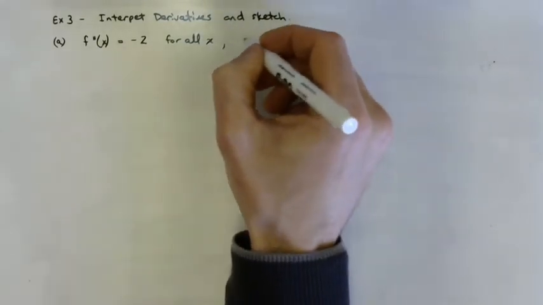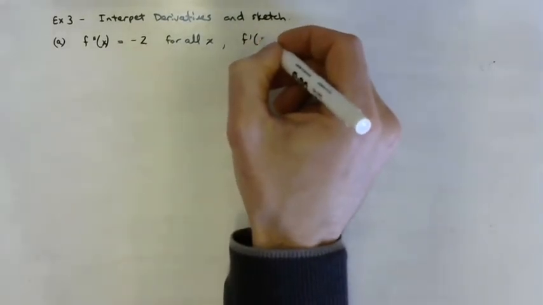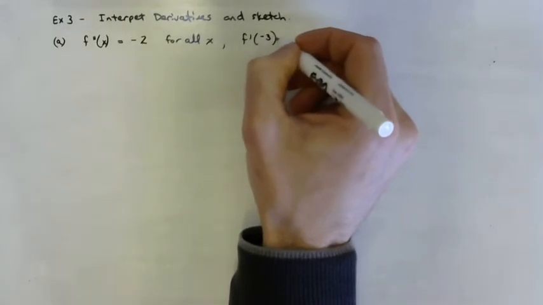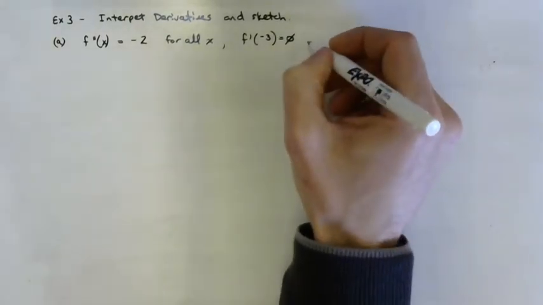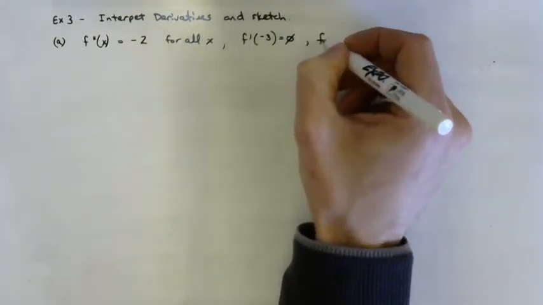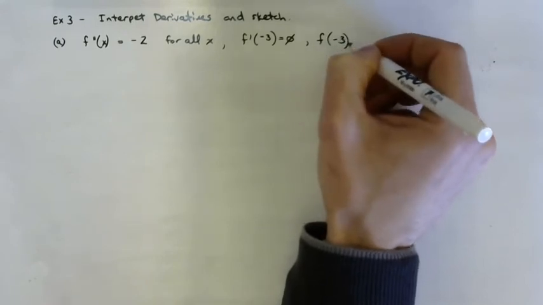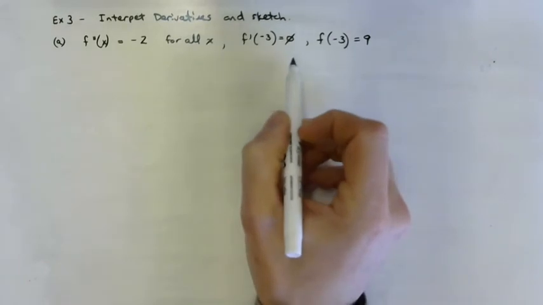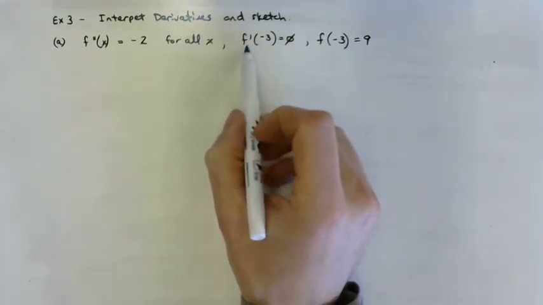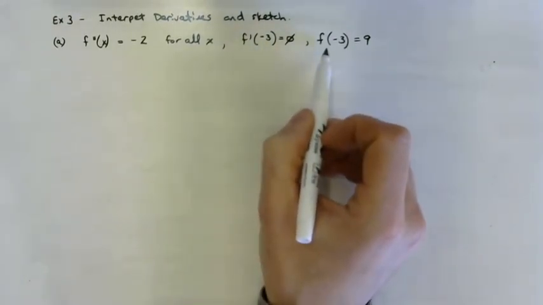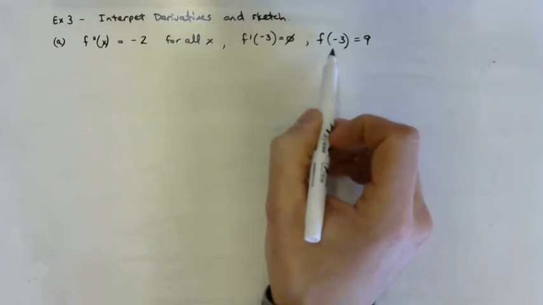What else does it tell us? It tells us that f prime of -3 equals 0, and f of -3 equals 9. So it gives us a point on the derivative function, and it gives us a point on the original function, and we need to interpret what those things mean.